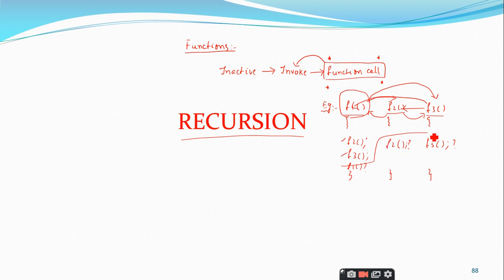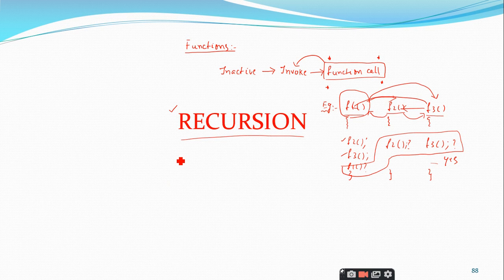The answer to this question, whether a function can call itself or not, is perfectly yes. Yes, a function can call itself. The procedure or methodology where a function calls itself is called recursion. Here is a new term we are introducing at this point.